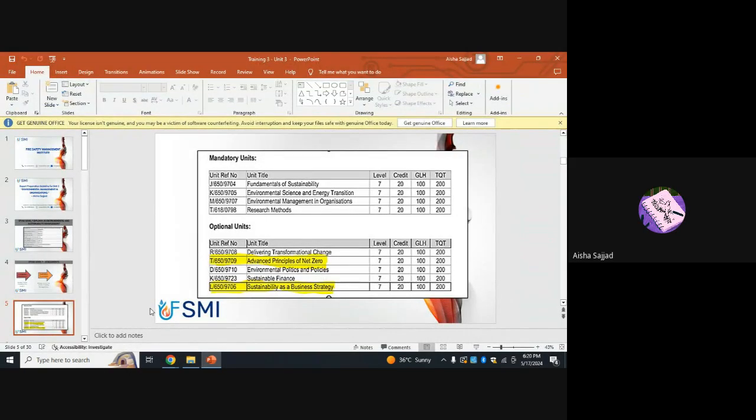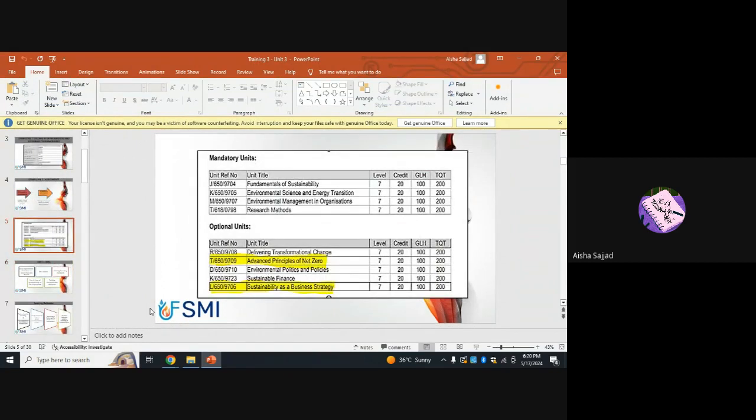Okay, so let me continue from where I was. I said that we have 4 mandatory units, the first being Fundamentals of Sustainability. This was discussed in the very first training that we had just a couple of weeks back, and then we had another training a week after on how to write its report.